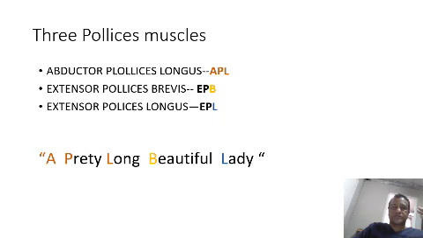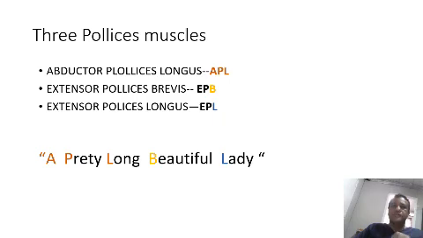This muscle originates from the posterior surface of the ulna and interosseous membrane and inserts at the base of the distal phalanx of the thumb. Together, these three muscles allow for precise thumb movement and thumb control, essential for tasks like pinching, gripping, or manipulating objects.